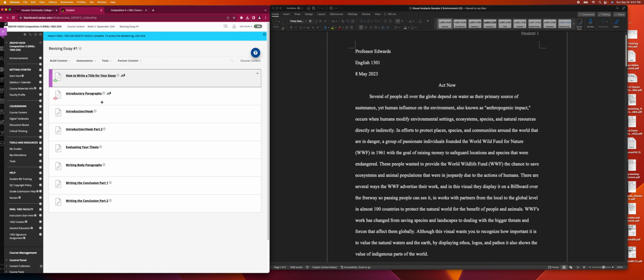The next thing you want to do is go back and look at the introduction, then your hook, then part 1, part 2, then evaluating your thesis. Then you're going to move to the body paragraphs and then the videos on conclusion. What you're doing is basically revising and editing and making sure that each part of your essay fits the specifications outlined in that video.